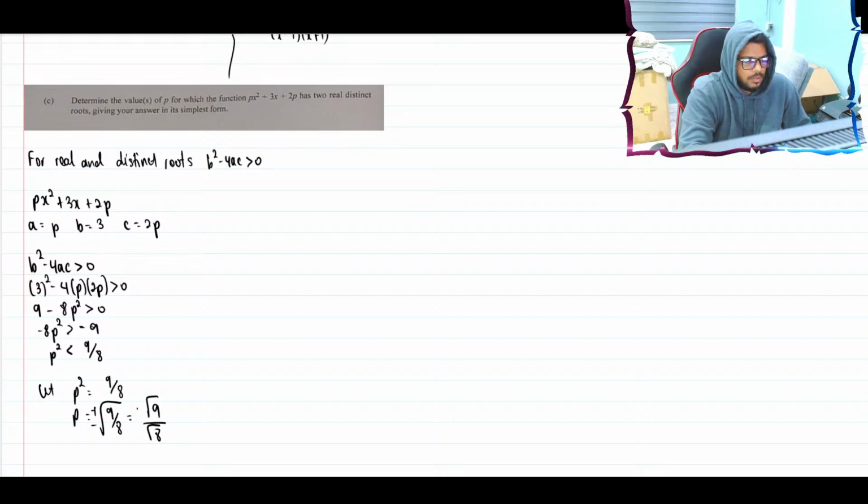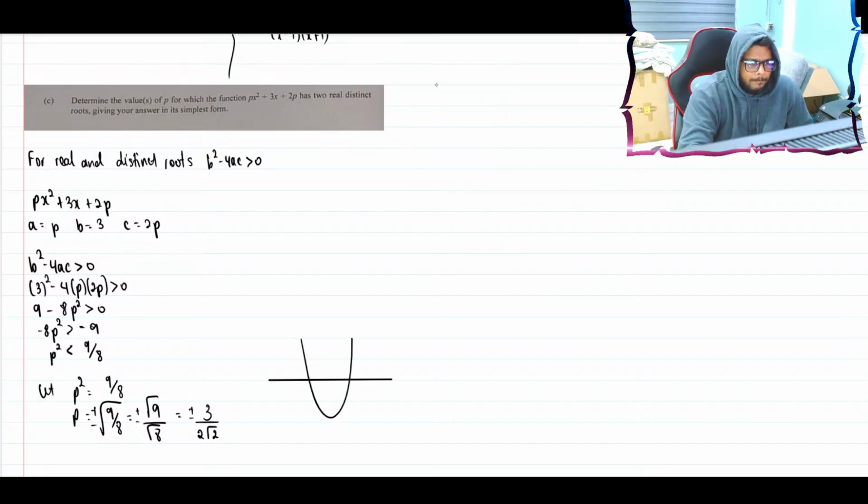Root 9 is 3, and root 8 is root 4 by root 2, which is 2 root 2. That is my two solutions. p squared has a positive coefficient, so it will be a minimum point. The two roots are minus 3 over 2 root 2, as well as 3 over 2 root 2.